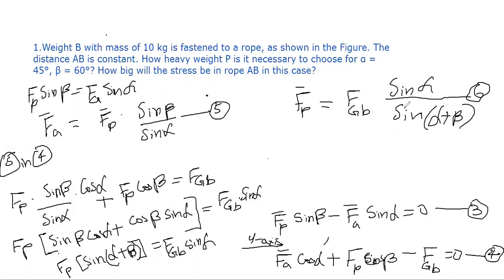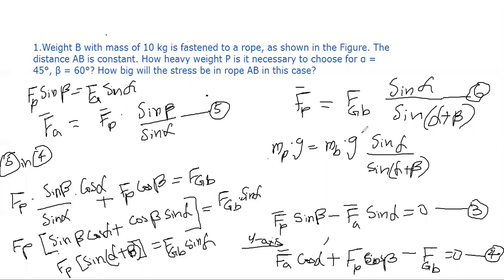And we know Fp is Mp times g, and Fgb is mass of B times g times sin alpha divided by sin alpha plus beta. Here we have g in common, so let us cancel out g.